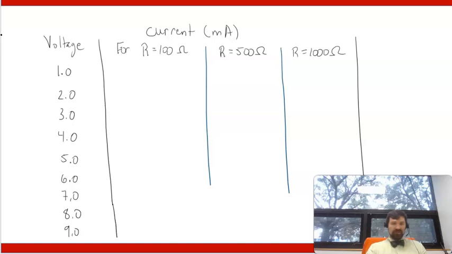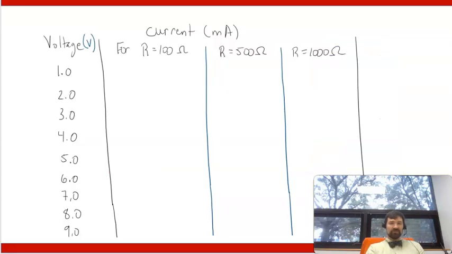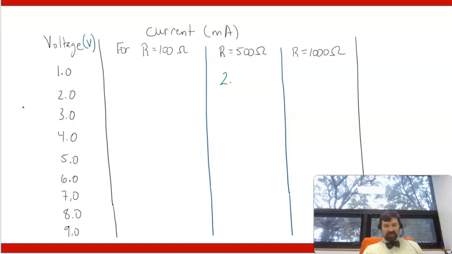So basically you're filling up this table that I've created here with these different voltage and current values. Voltage, of course, is in volts, current, milliamps. So for example, like this first entry, this is 1 volt, this is 500 ohms, it says 2.0 milliamps. So the first entry that I'd be putting into my table, I'm just going to swap over colors for entering. So this would be 2.